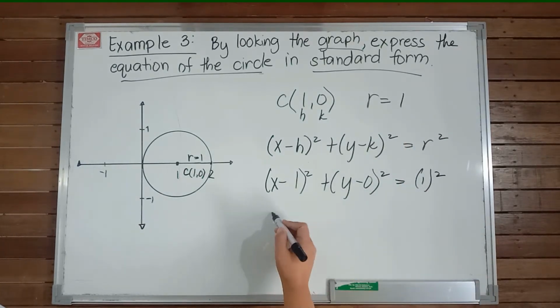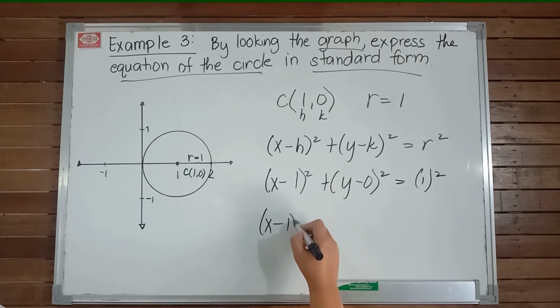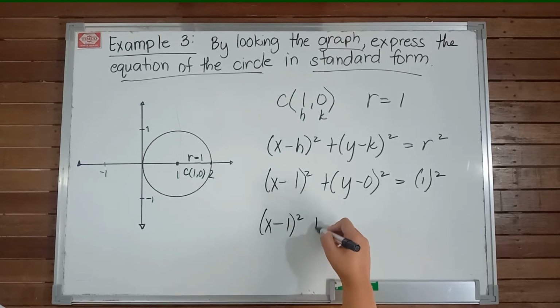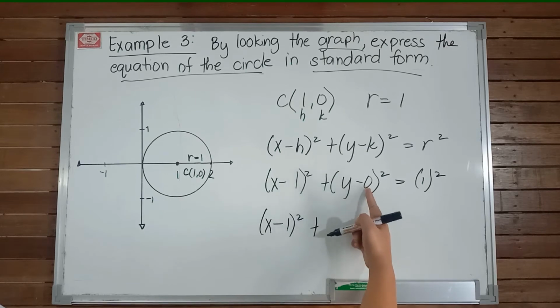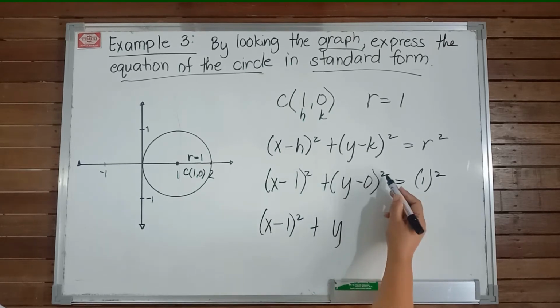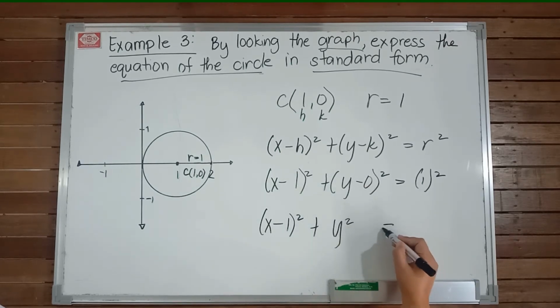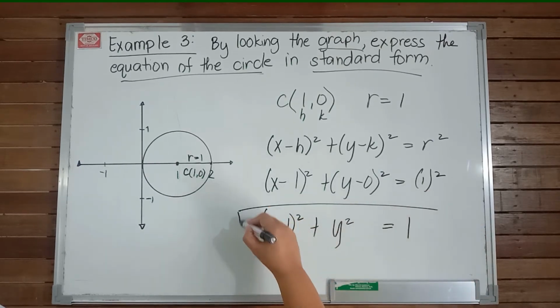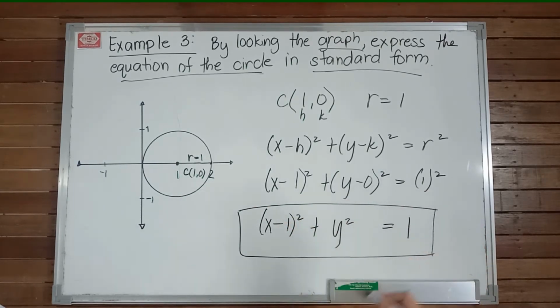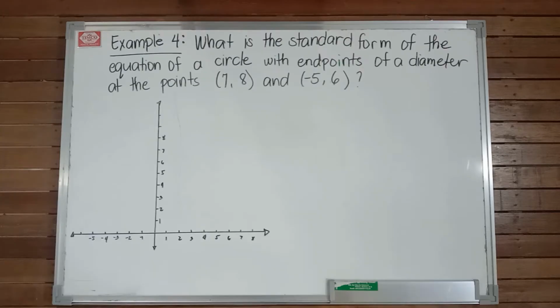So, rewriting, x minus 1 squared plus y minus 0 is y, squared equals 1 times 1 is 1. And that is now our standard form of our equation for the circle at center C, 1, 0.